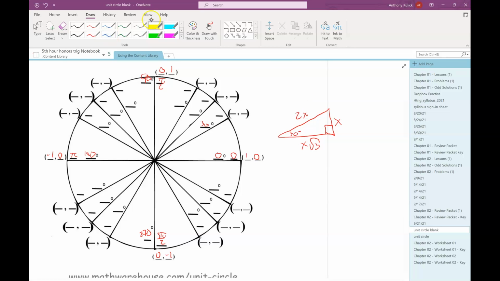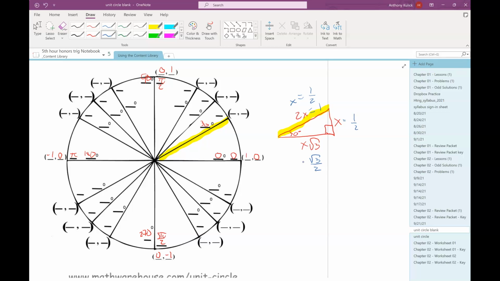But I know that the 2x side has to represent the radius of my circle, right? So I know this has to equal 1. So x has to be 1/2. And then x root 3 would have to be root 3 over 2. Okay.